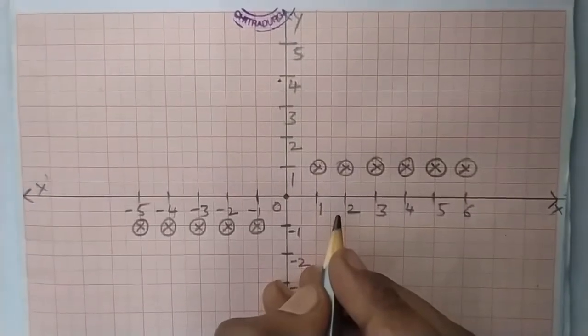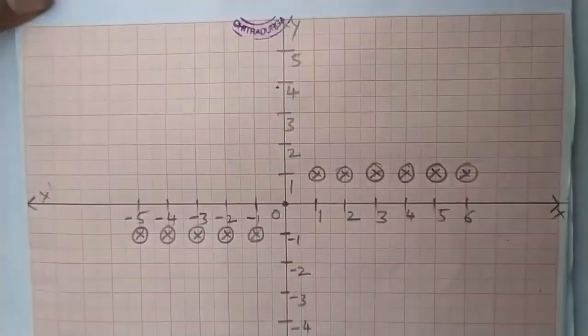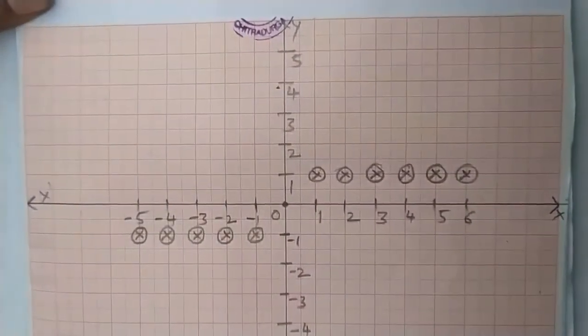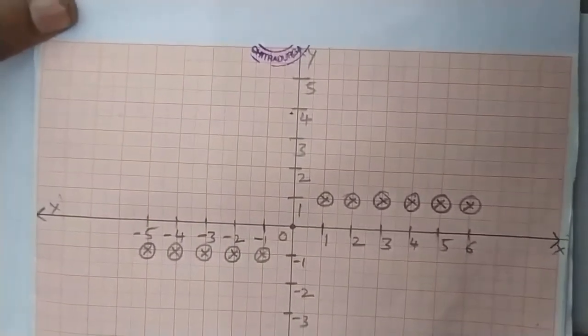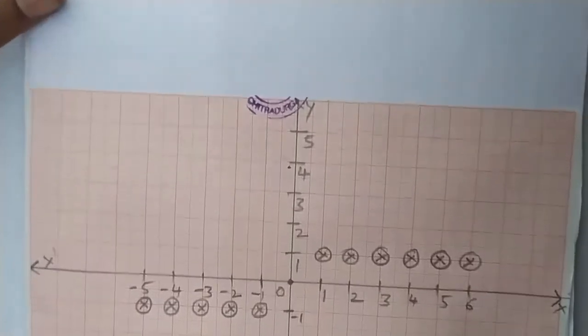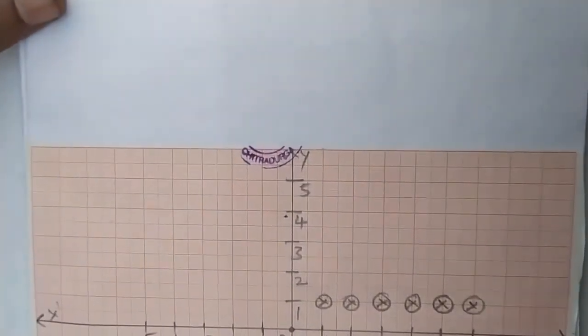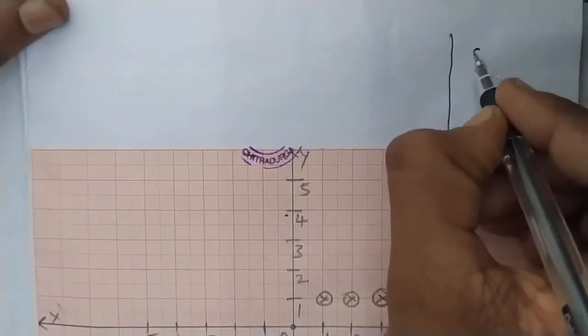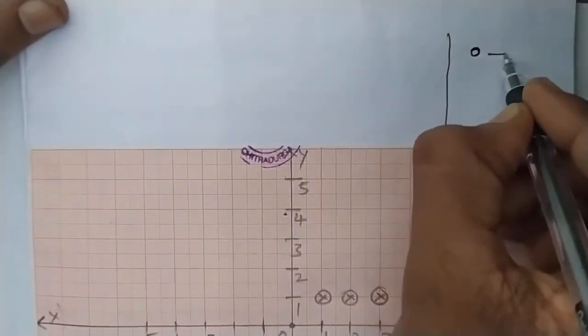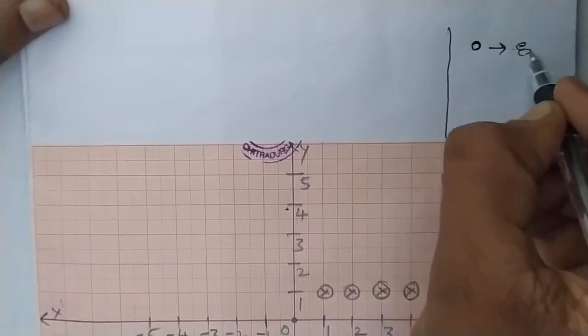And one more thing, the symbols in this graph, we have to represent the symbols. These symbols you are going to learn in the first chapter, called sets. This symbol represents excluded.